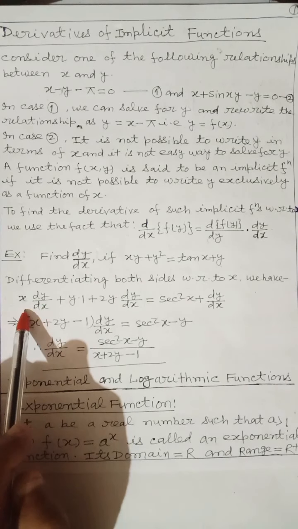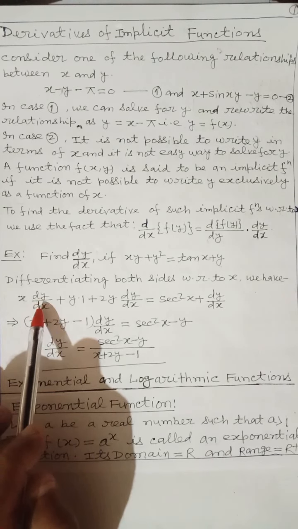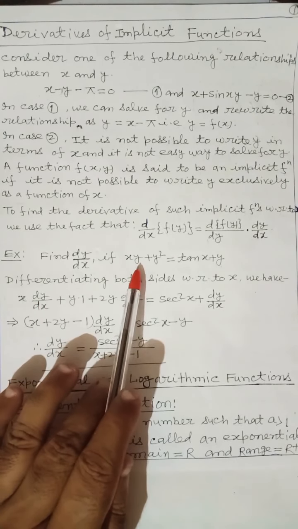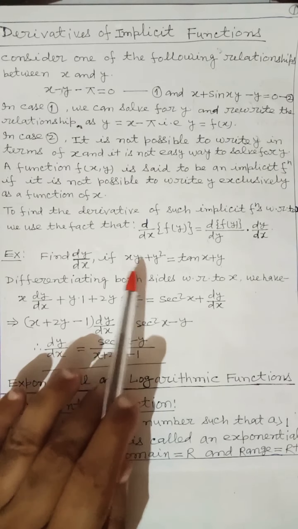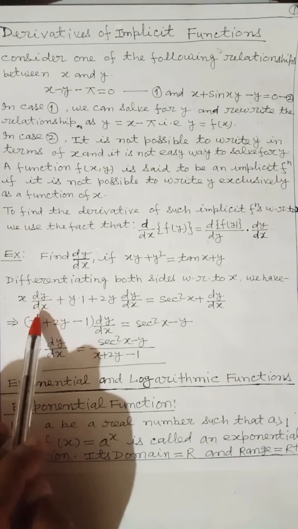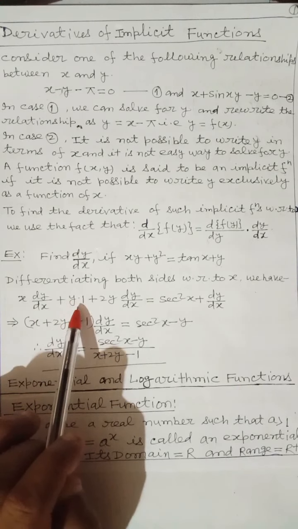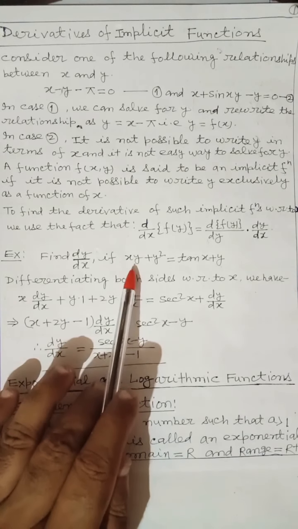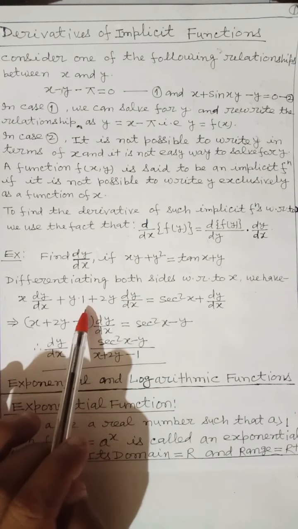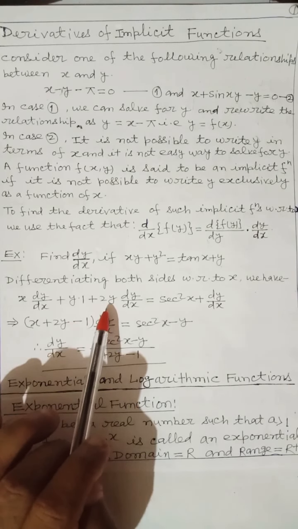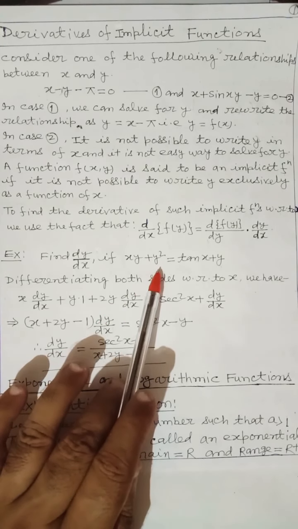First function into d/dx of second, that is, if we differentiate y with respect to x we get dy/dx, plus second function into d/dx of x, and this is equal to 1 plus y square.